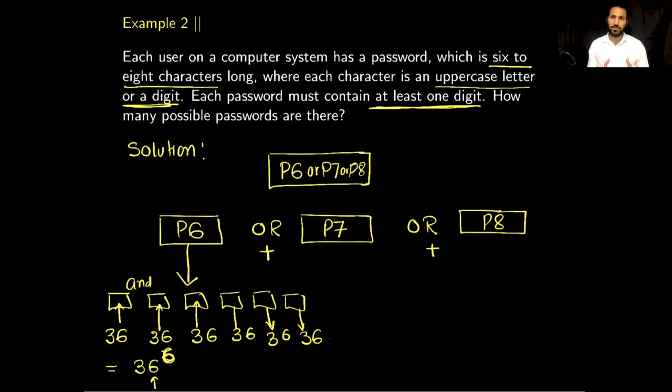So basically we need to delete all those passwords which contain only uppercase letters. And as you can see, there are 26 letters in the English alphabet. So 26 to the power 6. So this many passwords will contain only uppercase letters.